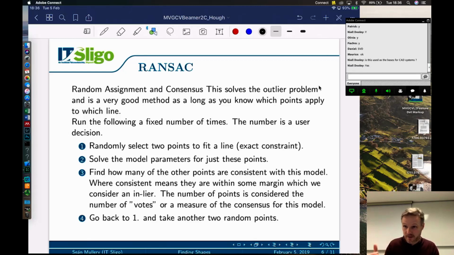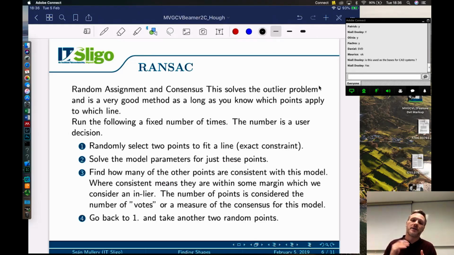And again, that's what we call a hyperparameter. It's one of the parameters that we decide as to what we're going to do. So there's 2 hyperparameters that we would refer to in this. What I mean by a hyperparameter is they're not a parameter of the line or anything like that, but they're parameters that we would decide as to what is best for our system. So we will decide what the gap is from our line to the points that we're going to include as having a vote.